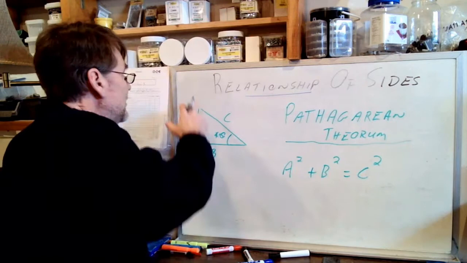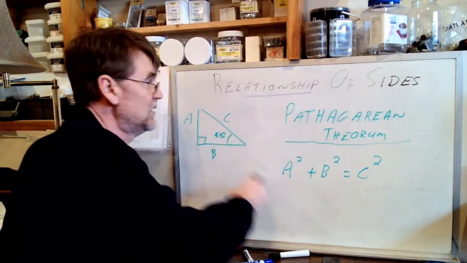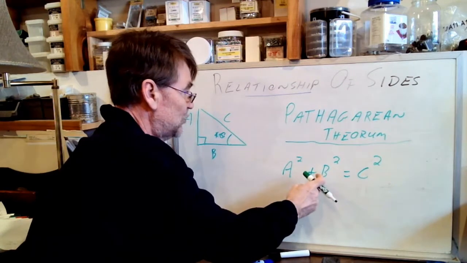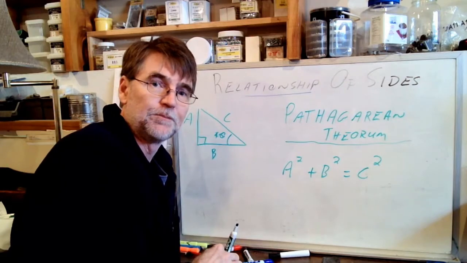Okay, so we already established the fact that the hypotenuse will always be the longest side, and so it's the square of the other two sides added together that equals the square of the longest side.